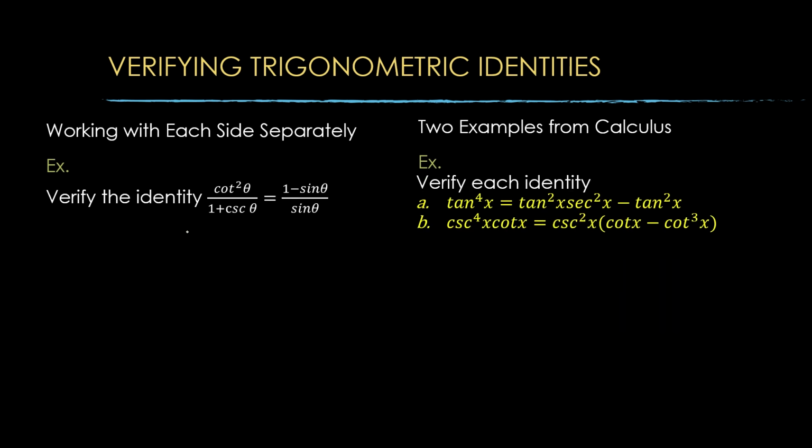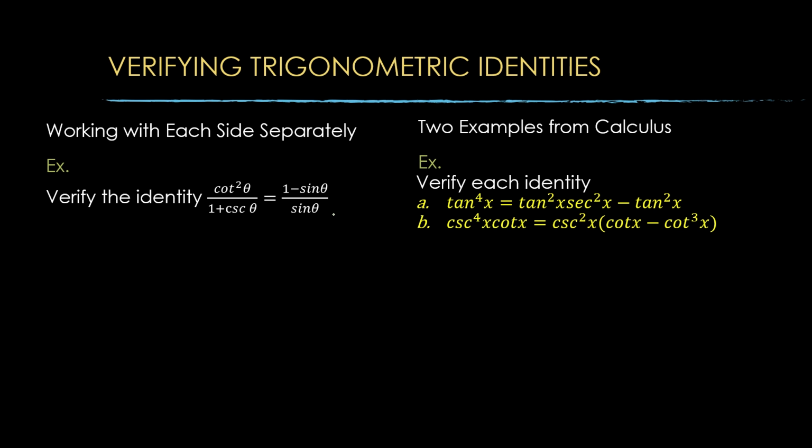Okay, so let's try another equation. We're given cotangent of theta squared over 1 plus the cosecant of theta is equal to 1 minus sine of theta over sine of theta.